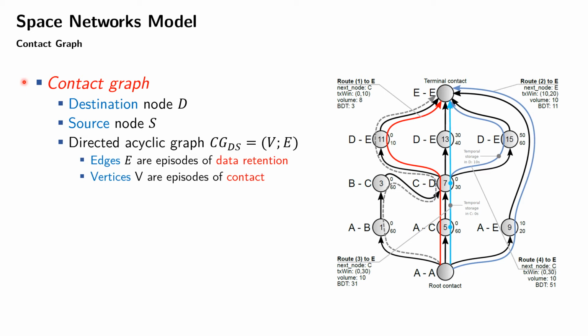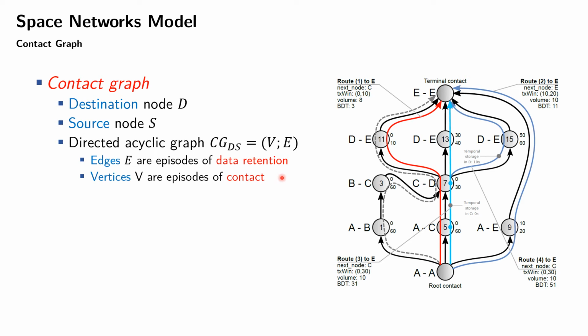We have a destination node D and a source node S in this example, and basically a directed acyclic graph, a contact graph from D to S, is a set of vertices and edges, such that edges are the episodes of data retention and the vertices are the episodes of contact.